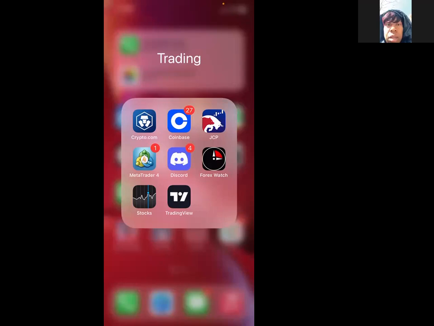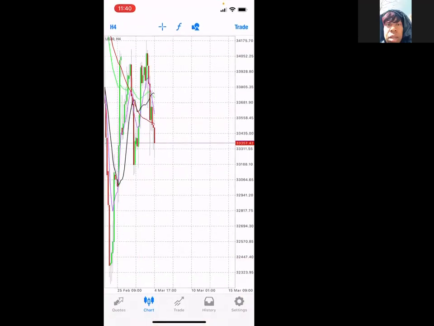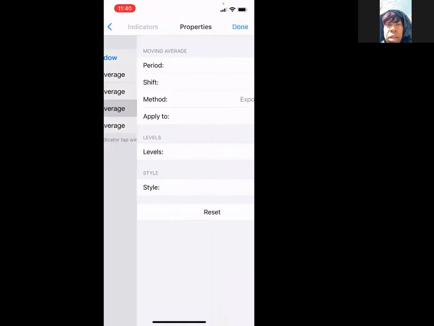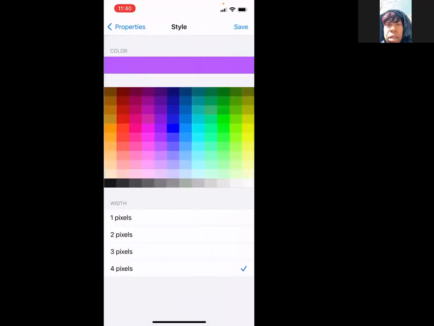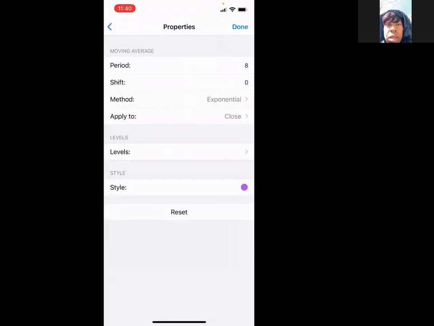Does anybody else see plus DI and minus DI when they're trying to set up their ADX, for the style portion of it? No. Are you looking at ADX? The only thing you should see is period, shift, method, apply, levels, and style. Do you have an Android phone?